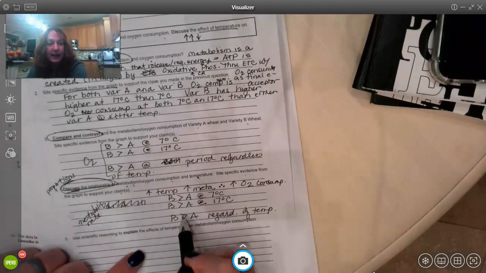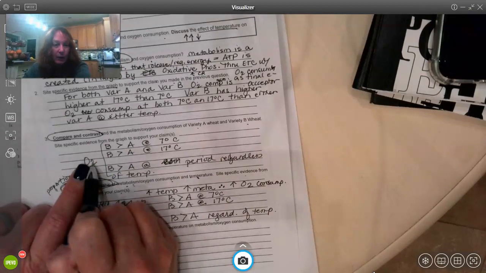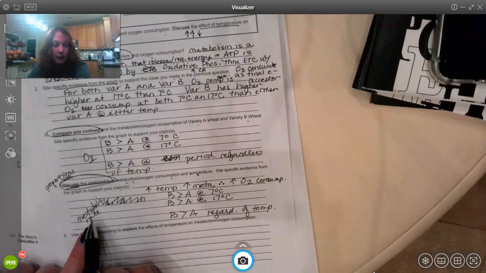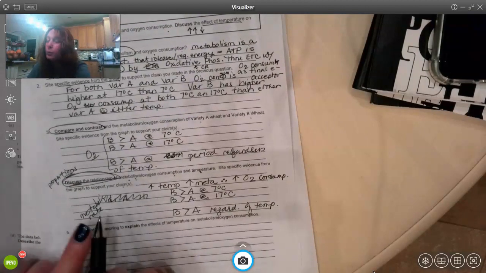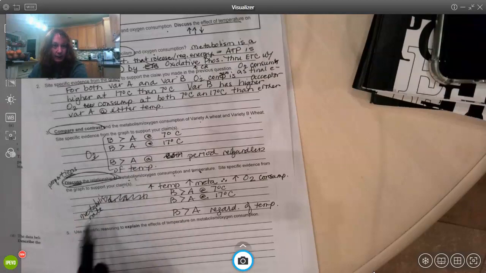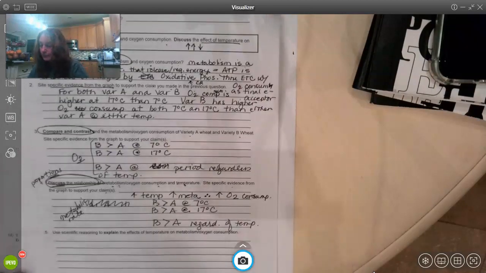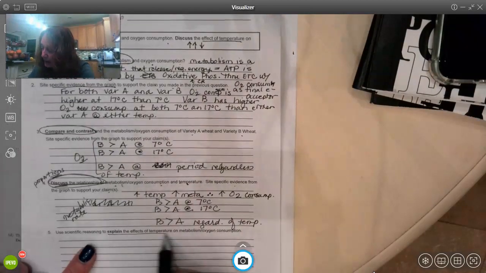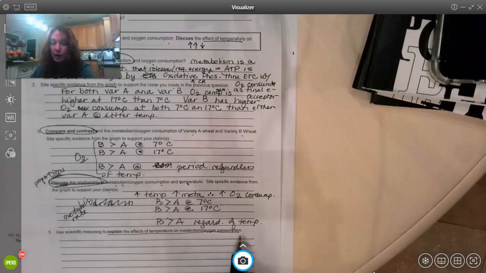So yes, I'm saying the same things. This is what I actually measured. This is what I'm actually using that data to prove, which is that the more oxygen, the higher the metabolic rate. Okay. Explain the effects of temperature on oxygen consumption.